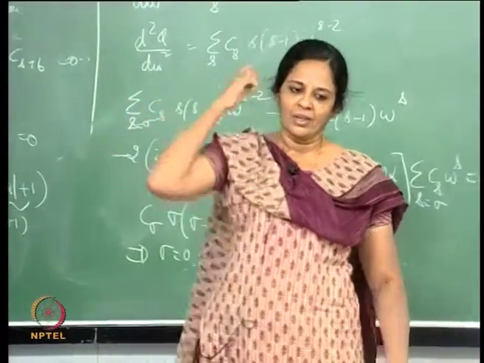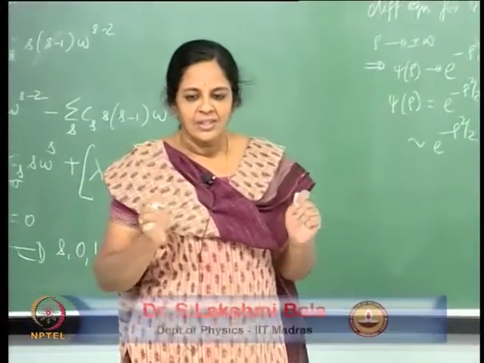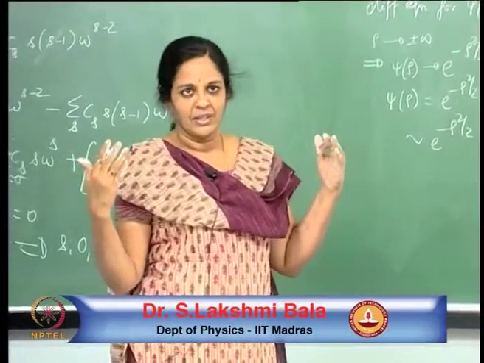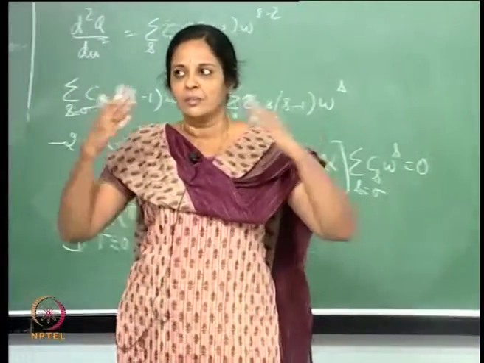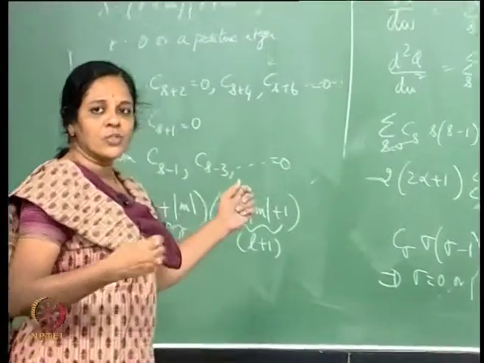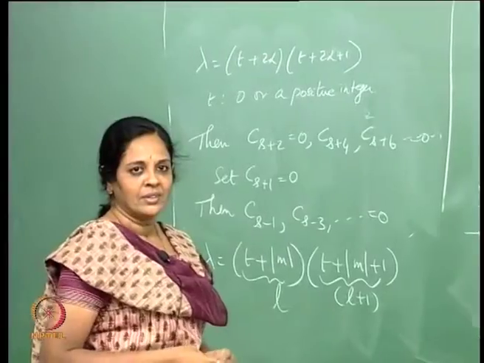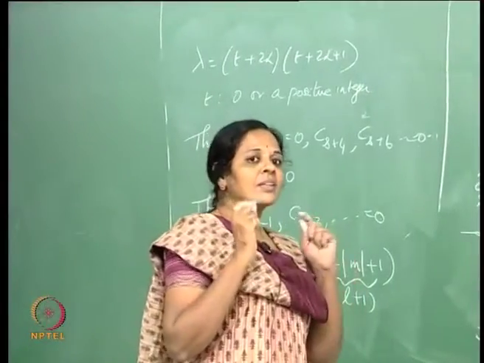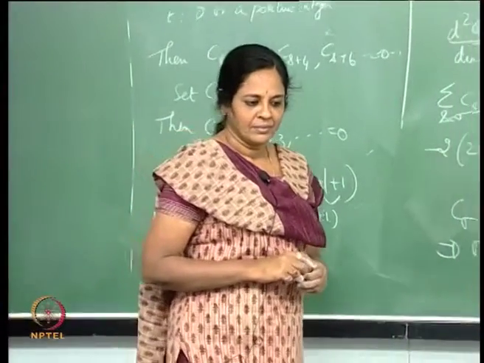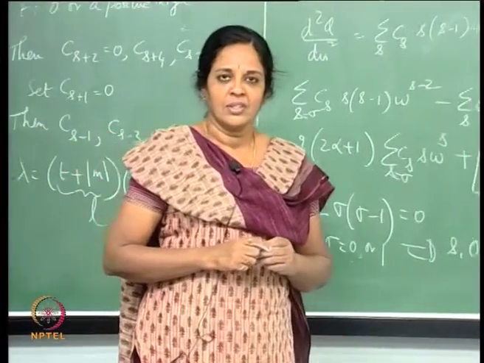So the fact that the asymptotic behavior in the case of the oscillator, that means x going to plus minus infinity, and here w squared going to 1, that means theta taking values 0 or pi, because cos theta was w.